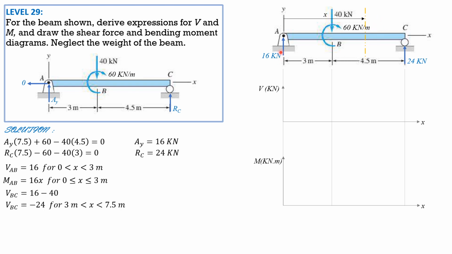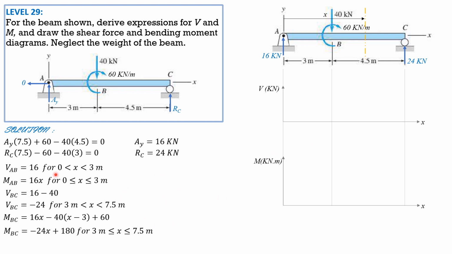So moment is 16 times x minus 40 times the moment arm x minus 3, then plus 60. Simplifying, moment BC is negative 24x plus 180 for 3 less than or equal to x less than or equal to 7.5. So we have completed the equations.